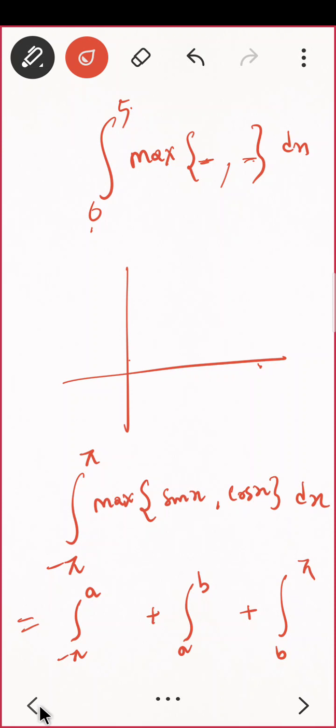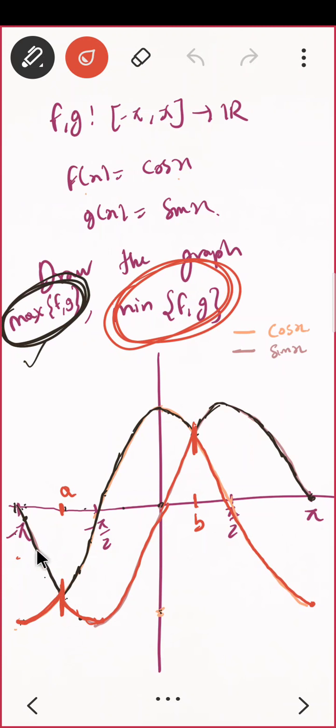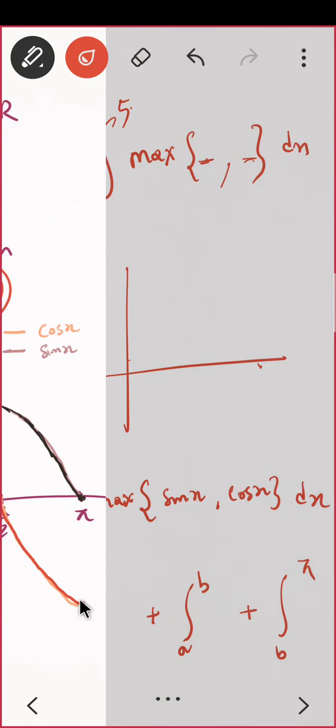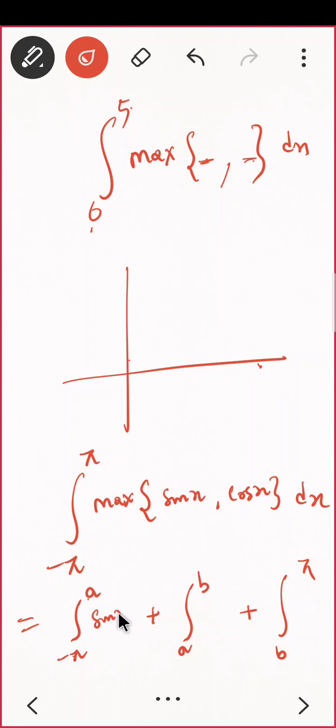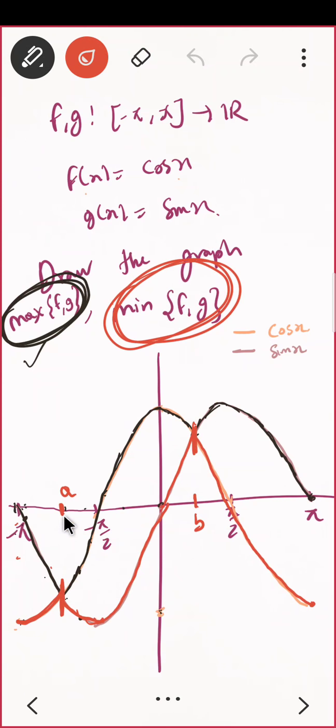Now you observe that in the interval minus pi to A, which guy is maximum, sine or cos, which is passing through the origin, so definitely sine. So here the function will be sine x, correct? From A to B, let us see, this is my A, this is B, which one is maximum, cos, do you see?